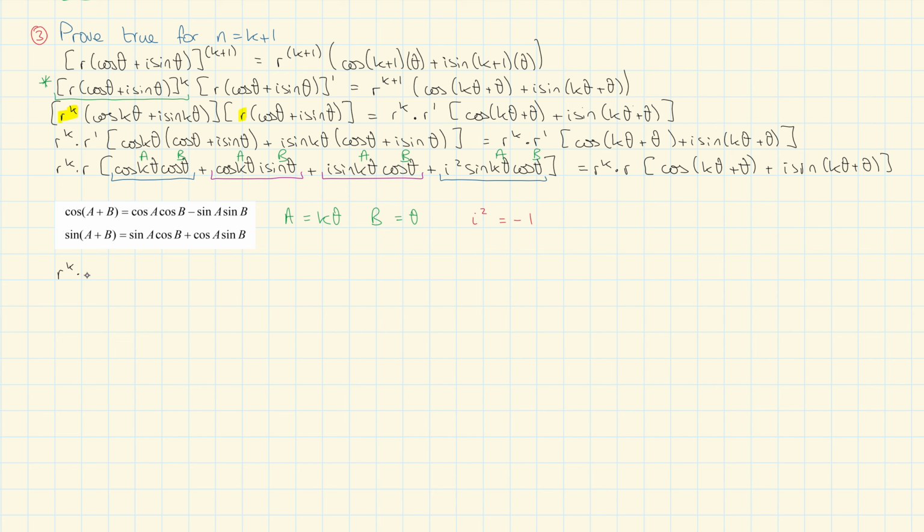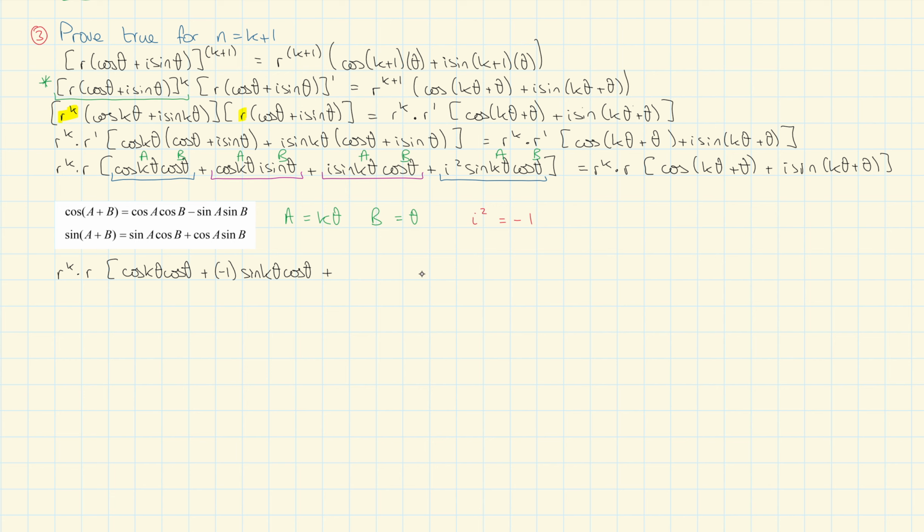So we have r to the power k by r, cos k theta cos theta. So there's the first blue part. Second blue part I'm going to put beside it, plus i squared becomes minus 1, sine k theta sine theta, and then we get plus cos of k theta i sine theta.